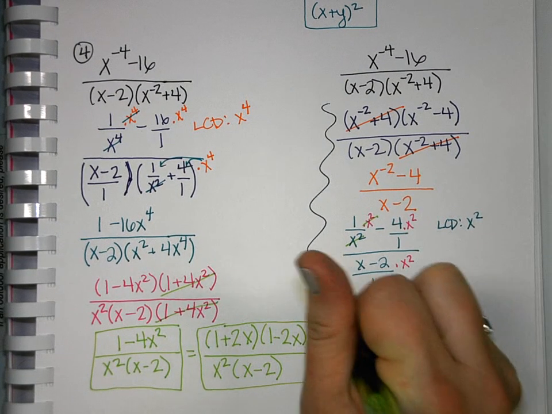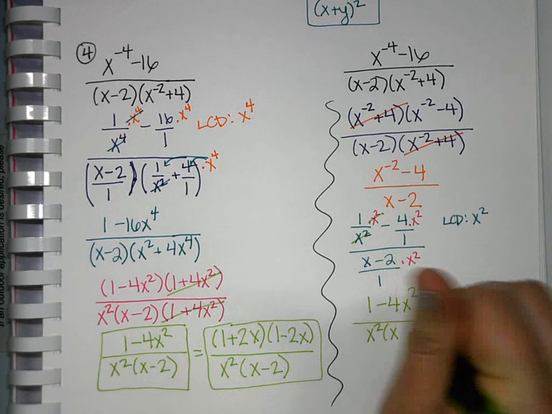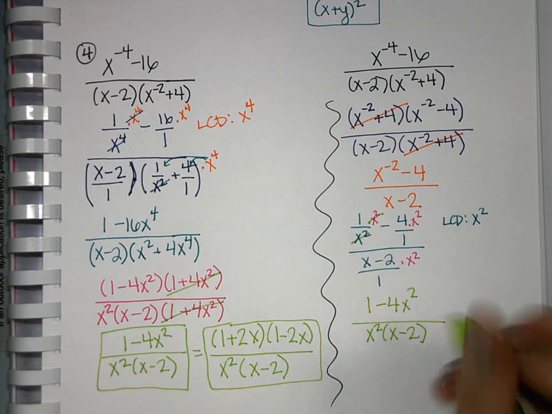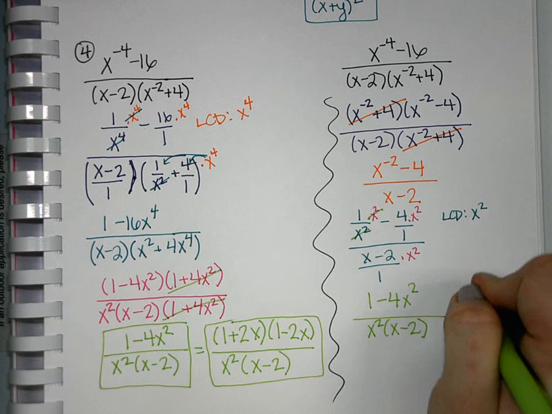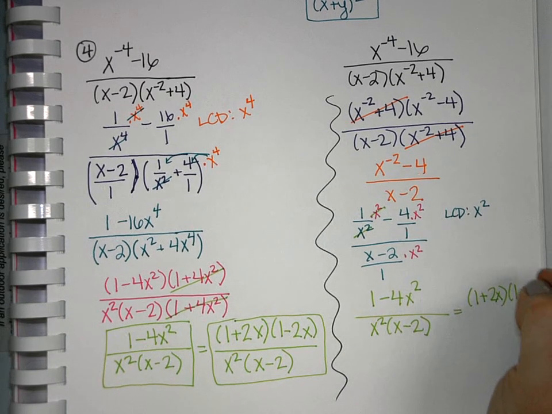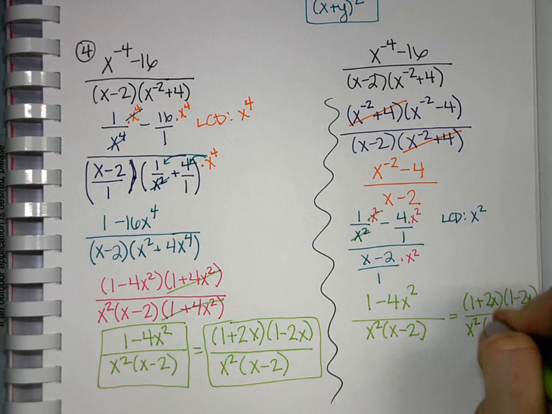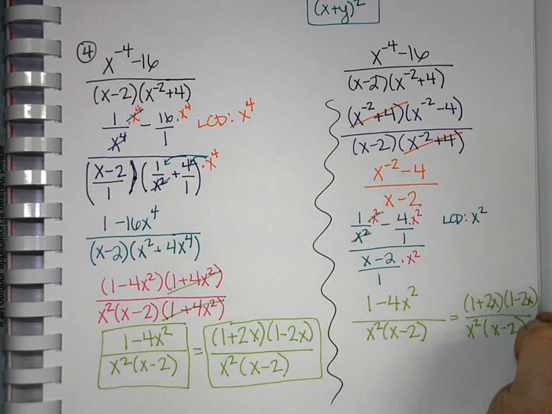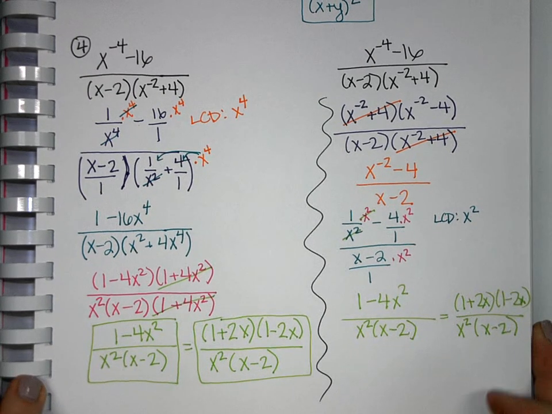And then in the bottom, I'm going to leave it in factored form. And again, I can check it by factoring it. So 1 plus 2x on top, 1 minus 2x, but again, nothing's going to cancel. And you can see we've reached the exact same answer. It's just where we did our reducing was a little different.